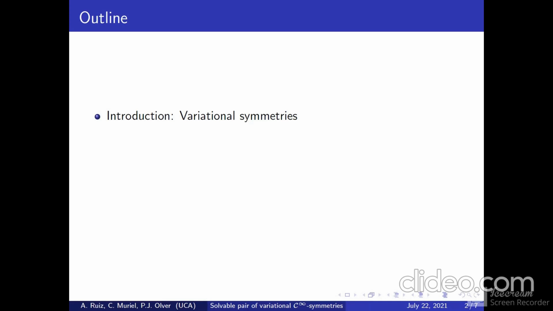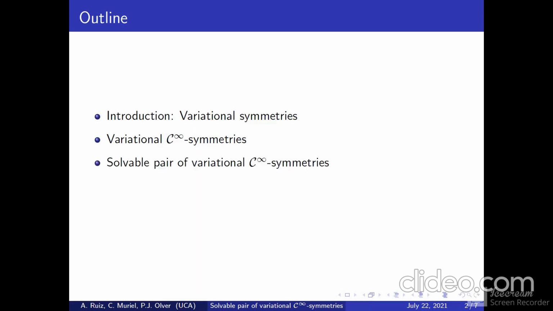First, I will introduce the notion of variational symmetries and how we can use them to reduce the order of Euler-Lagrange equations associated to variational problems. After that, I will introduce the notion of variational C-infinity symmetries and how this concept also leads to order reduction of Euler-Lagrange equations.